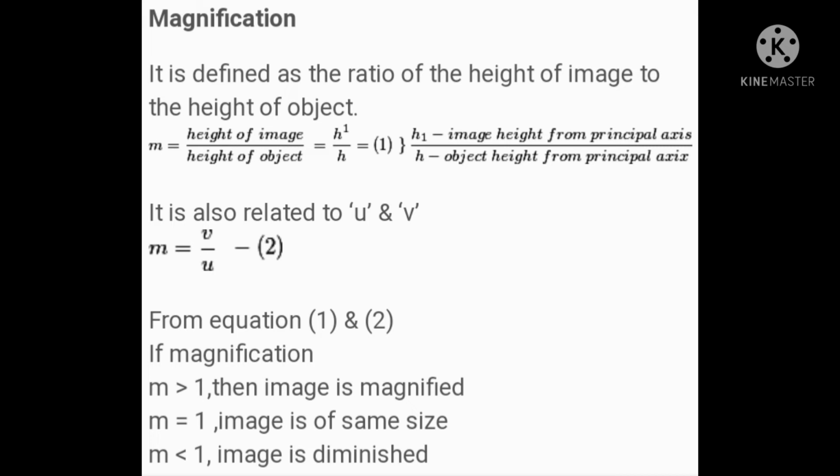Suppose the magnification is less than 1, the image is diminished. Magnification less than 1 means we will get a smaller, diminished image. This you have to remember.